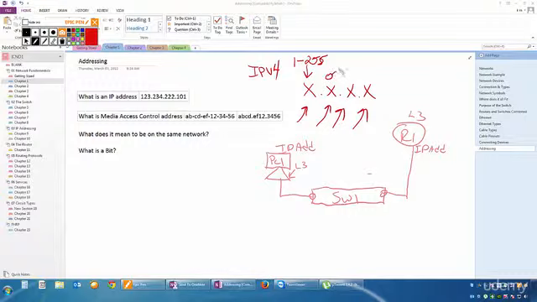The rest of them can have 0 to 255. So you will see a number similar to 192.168.1.1. This is an IP address. Notice this is within our range, 1 to 255.